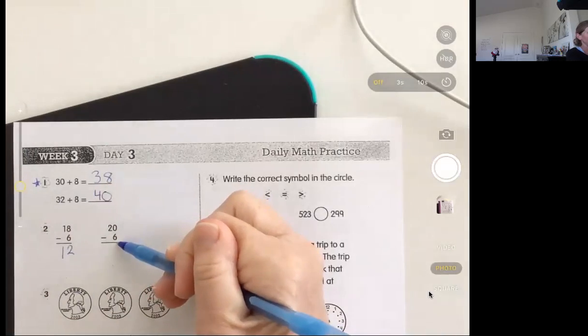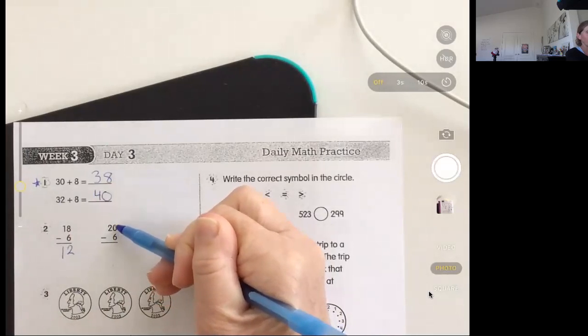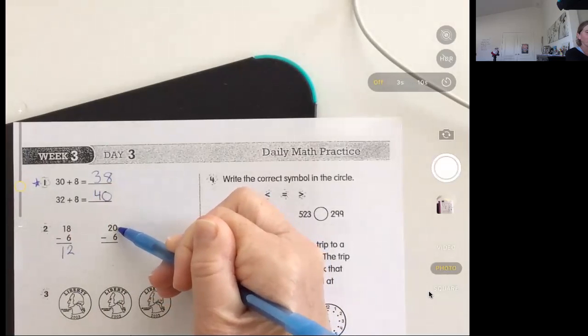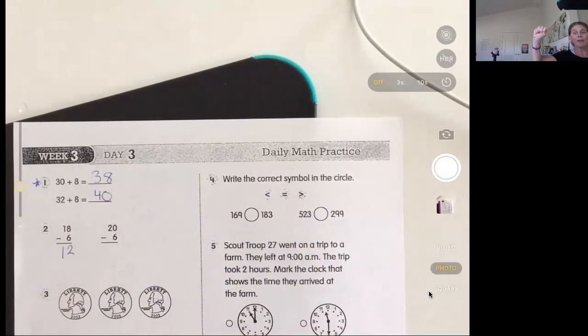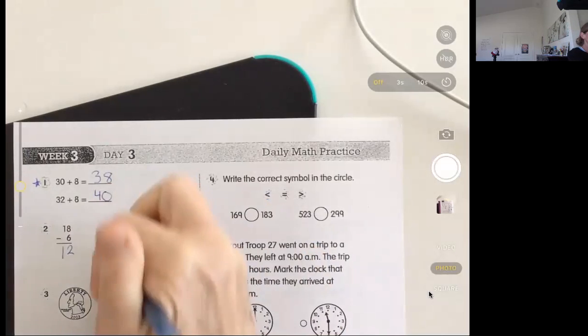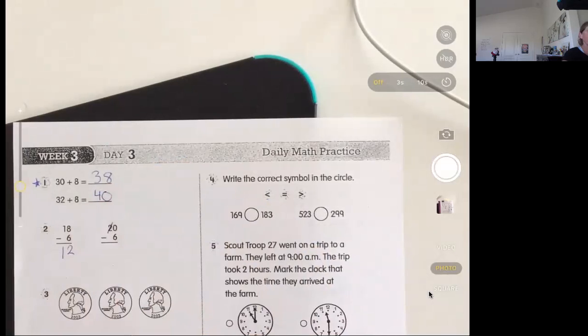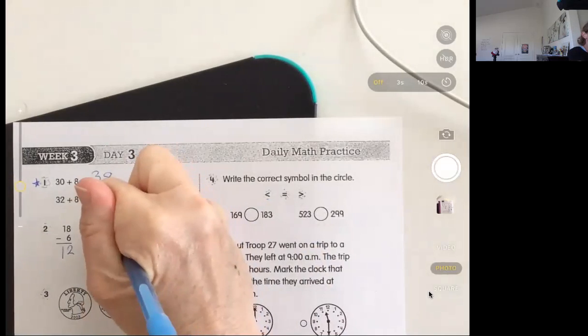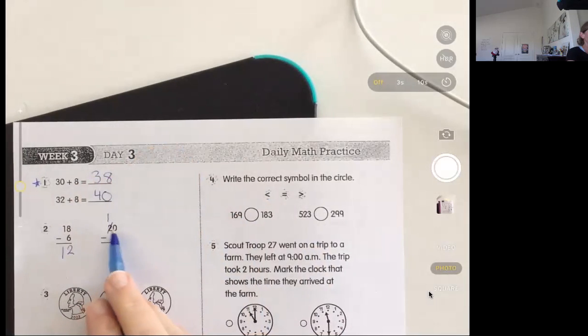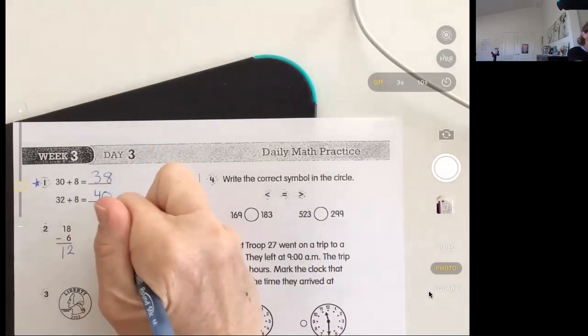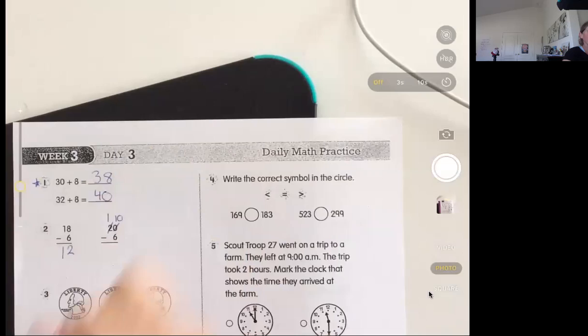Let's check it out over here. I have 20 minus 6. Let's start again in the ones place. I have 0. I have to start up at the top. If I start with 0, that means I have nothing. I can't take 6 away from it. I don't have enough. So I'm going to my neighbor. I have to regroup. When I take one of these 10 sticks away, the 2 is now a 1, and I can give 10 back to the 0, making it now a 10.